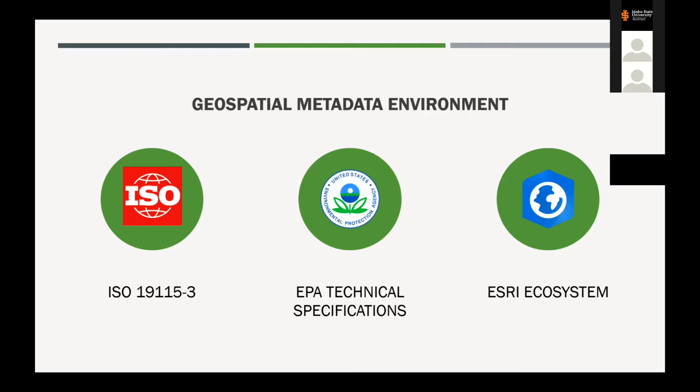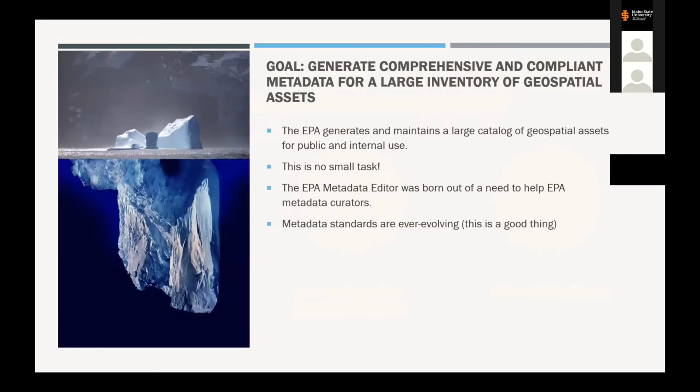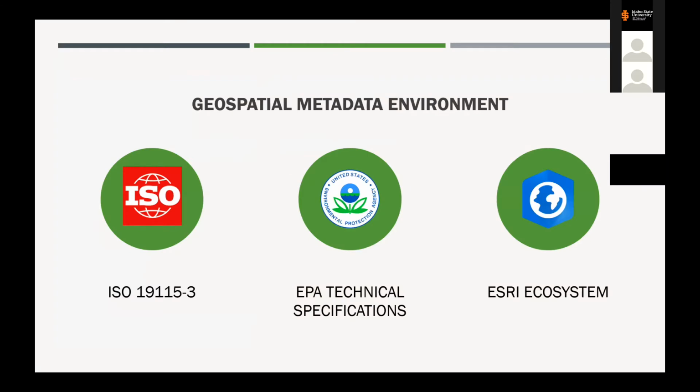They have standardized their name to be consistent across multiple languages. The geospatial metadata environment that the EPA works in is a combination of everything you see here. It is the ISO 19115-3 XML schema implementation of the ISO 19115 geographic information metadata standard.